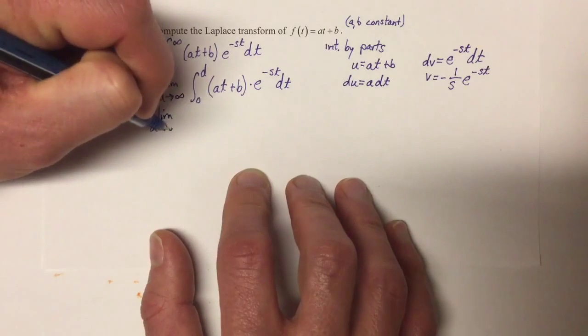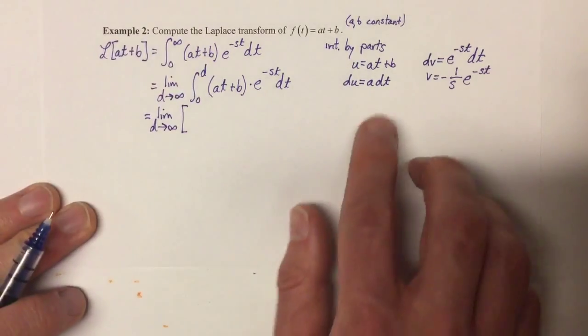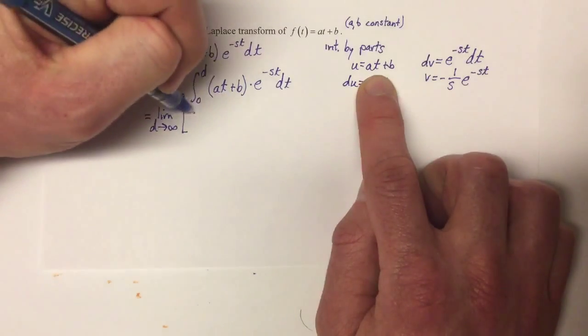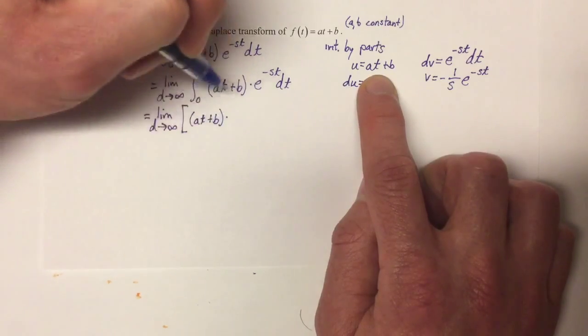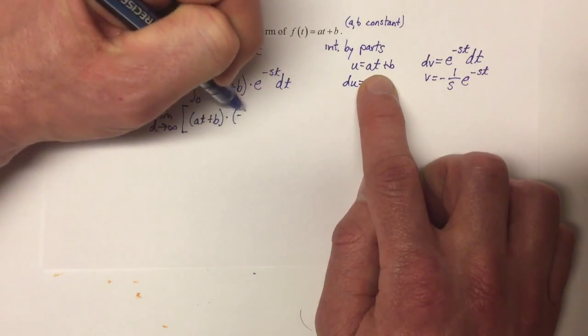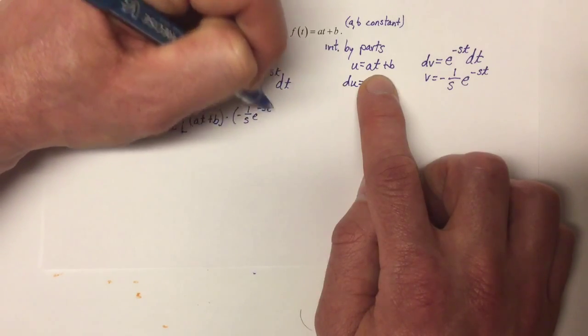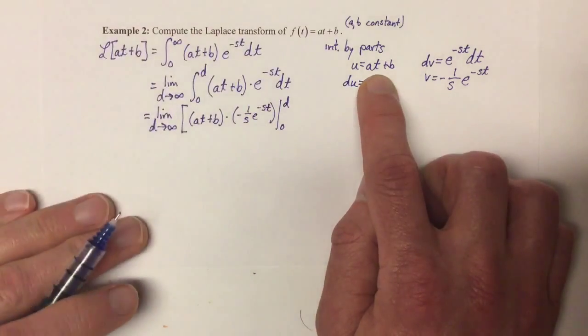So our limit will stay here. We do the integration by parts. We're going to get u times v, which will be the at plus b, times negative 1 over s e to the minus st. That'll all be evaluated from 0 to d.